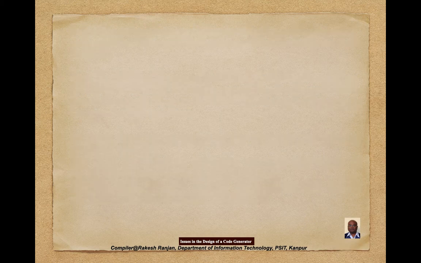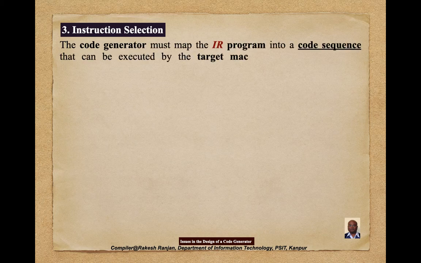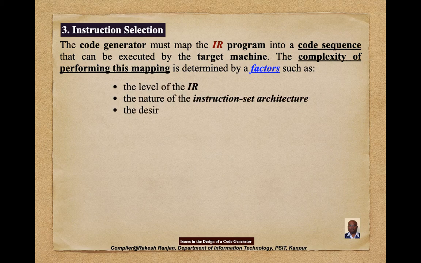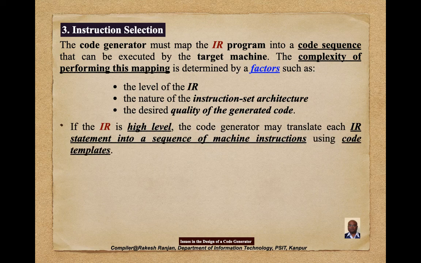The third issue is instruction selection. The code generator must map the intermediate program into a code sequence that can be executed by the target machine. The complexity of performing this mapping is determined by different factors, such as the level of the intermediate representation, the nature of the instruction set architecture, and the quality of the generated code.